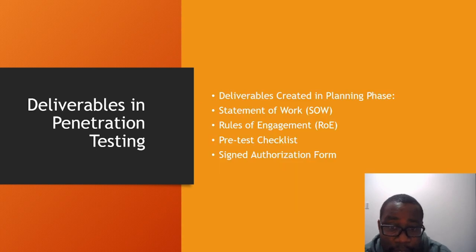Deliverables. So deliverables is more or less what the party that's being tested expects from you, right? Your statement of work is pretty much a written document that lays out what you're accomplishing.